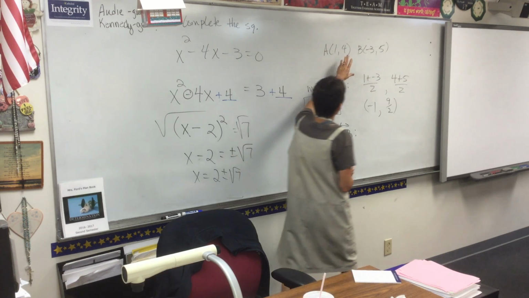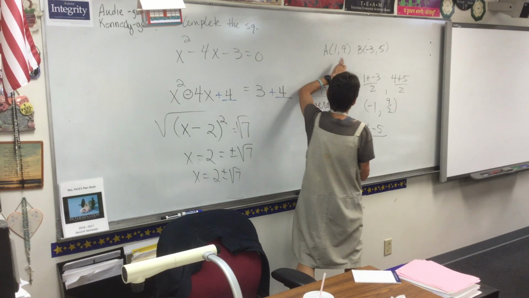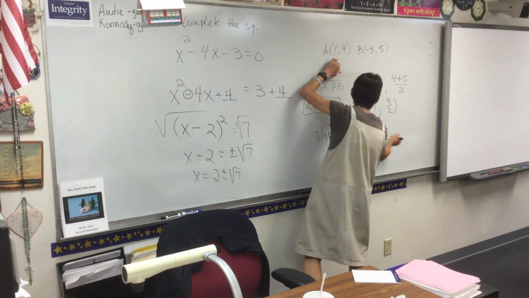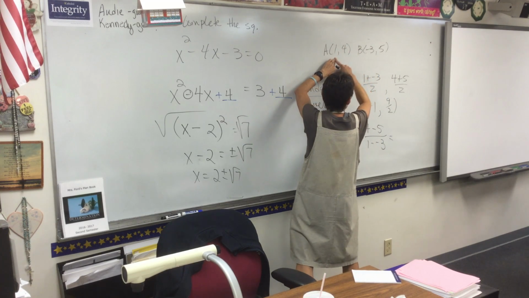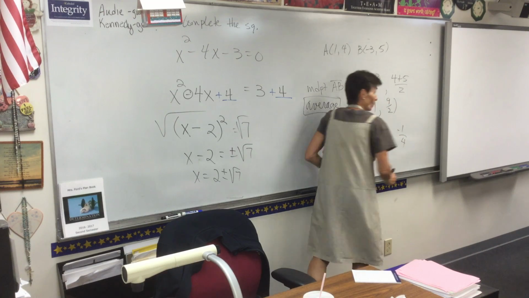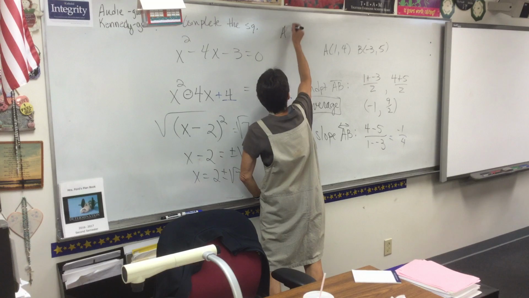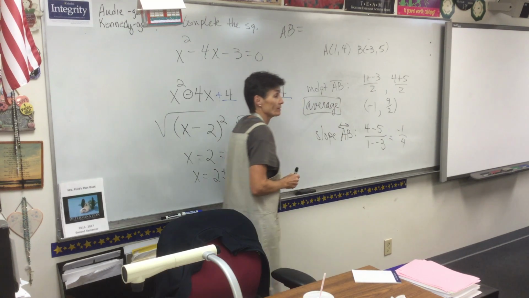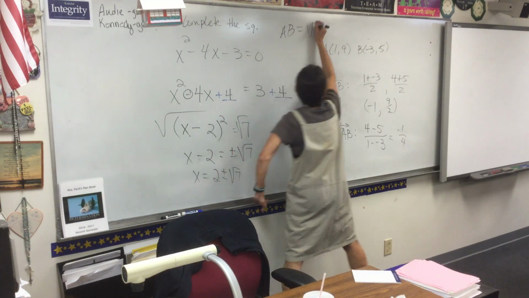Slope: y minus y over x minus x, so negative 1/4. And somebody's quiz is going to have this question, which is the distance.